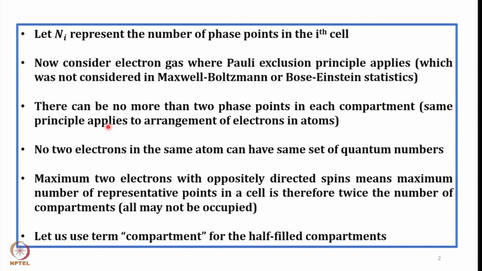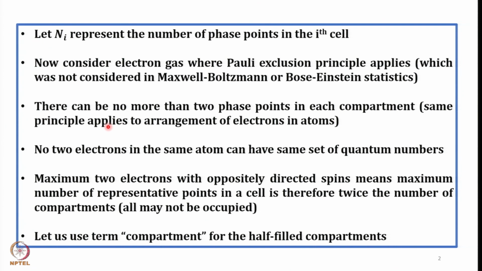What it means, in other words, is that no 2 electrons in the same atom can have the same set of quantum numbers. If all the other quantum numbers are the same, at least spin will be different. This is the Pauli exclusion principle.